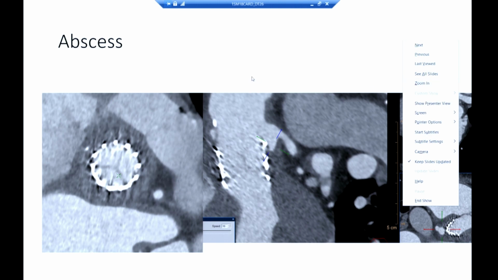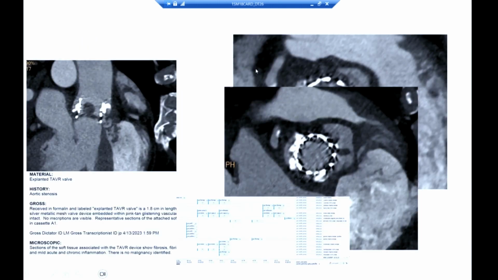And the last case I'm going to show is a very interesting case. This is a patient coming with fever and elevated white count; repeated blood cultures were negative. The patient had a history of nickel allergy, so they did patch testing, which turned out to be negative. So they put the valve in, and 5 months later the patient came back with this huge mass extending all the way across, causing a VSD and into the right ventricle.